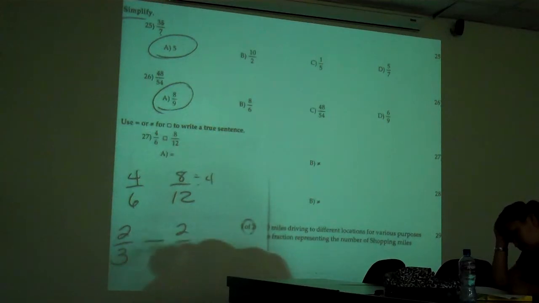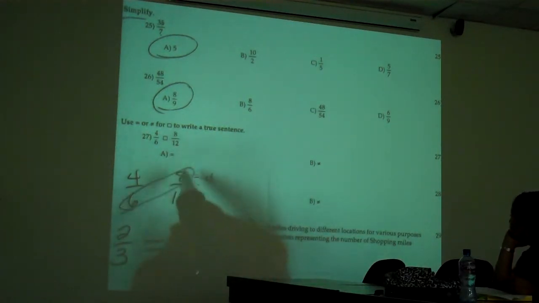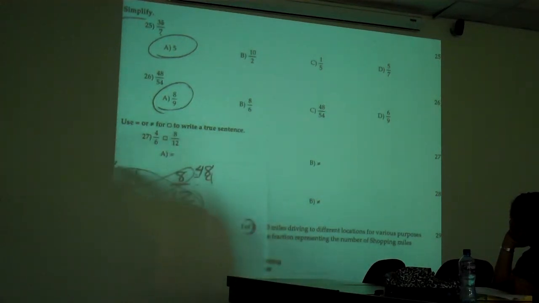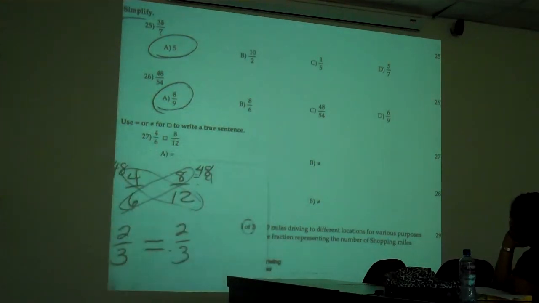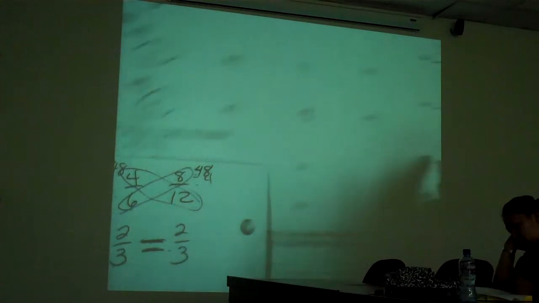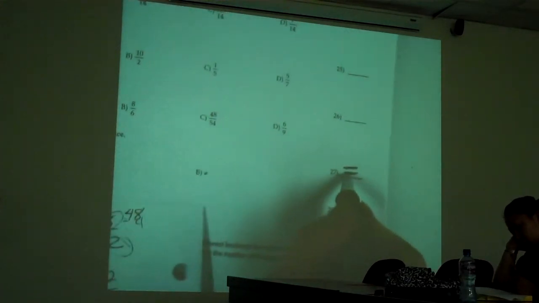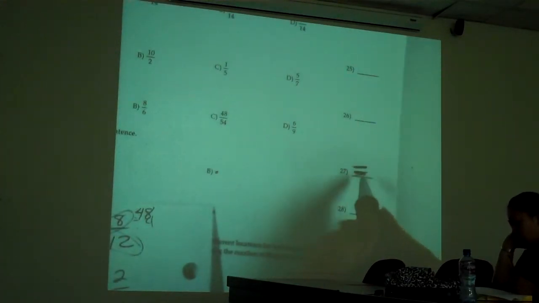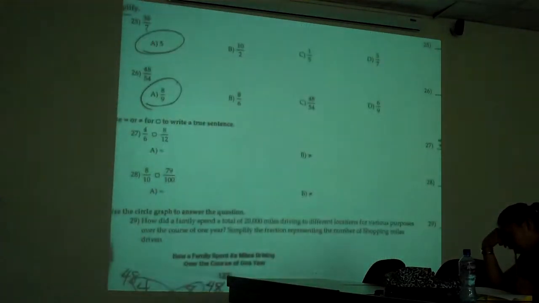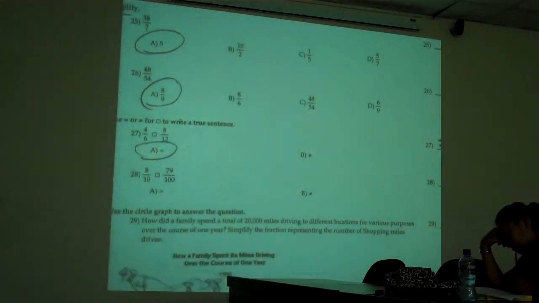You can do it that way to get equal, or you can multiply up like this. 6 times 8 is 48. 4 times 12 is 48. Either show this or show that you reduced them and put your answer equal. All that you have to have over here for your answer is equal, but I still want you to show work, okay? Show what you did.